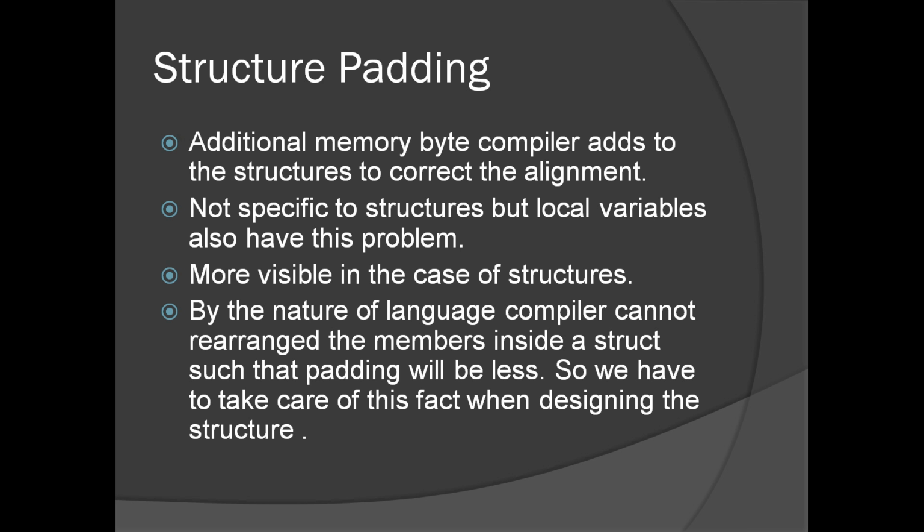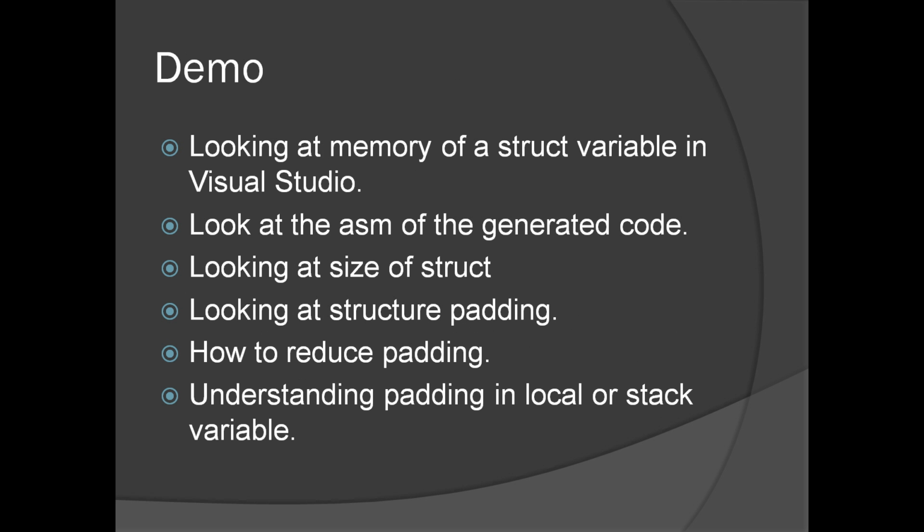C language compiler cannot rearrange the members inside a structure such that the padding will be less. So we have to take care of this fact when we design the structure. So we will see in the demo what are the different combinations we can use, how we can reduce the padding, and we can save memory. So we're going to see this demo.